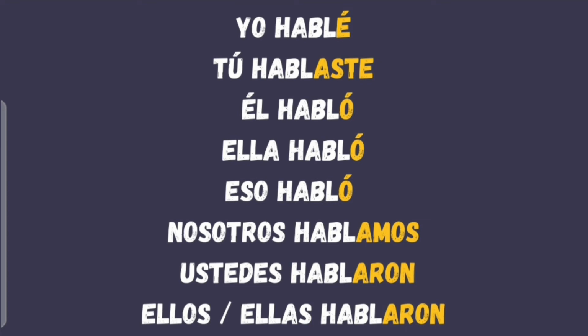And aron again if you're talking about the personal pronoun they in Spanish, ellos or ellas. Okay? So just be aware of that, and then you will know what to do if you're having a regular verb ending with ar, okay?